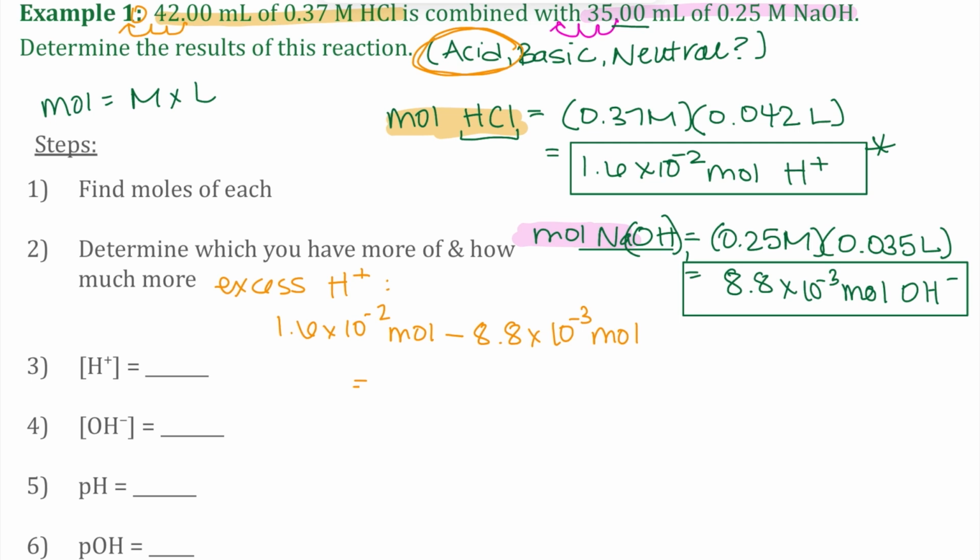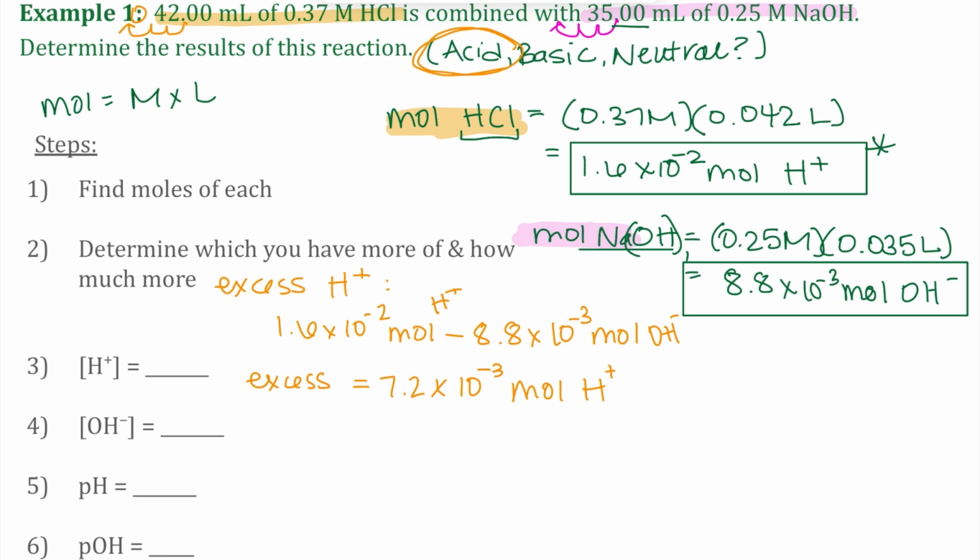And when we do that subtraction, I get 7.2 times 10 to the negative 3, and that's going to be moles of H plus, because we took those moles of H plus minus the moles of OH, and so this is my excess hydrogen ions, which is what's contributing to this being an acidic solution.